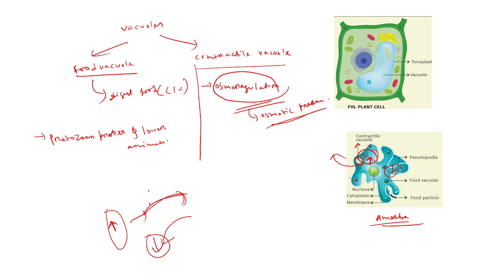This is the main function of the contractile vacuole, which is found in protozoans, for example the amoeba. So this is all about the vacuoles, and this is all about the endomembrane system, which includes endoplasmic reticulum, golgi, lysosome and vacuoles.